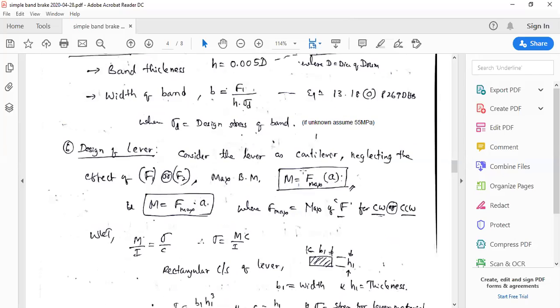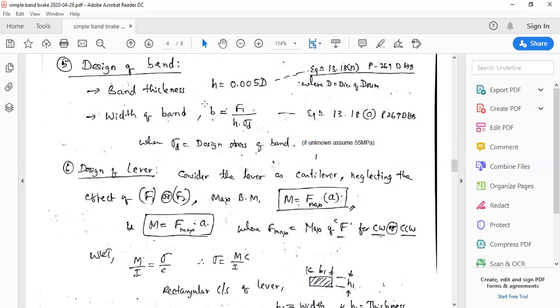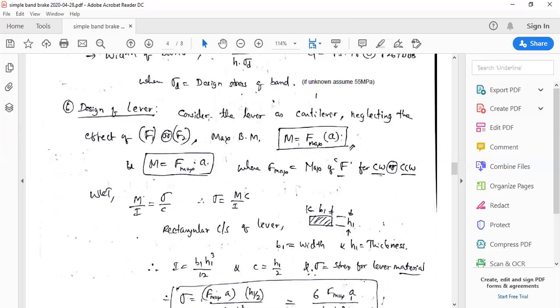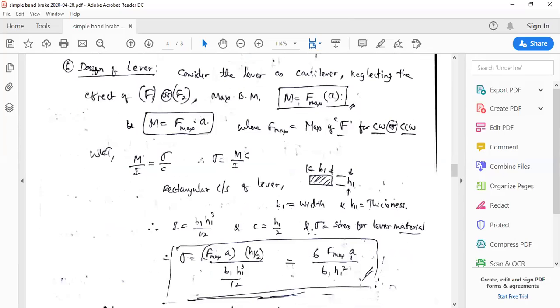After getting the value of the width B, these are the two parameters related to the band dimensions, thickness as well as width. If sigma D is not given, use the value 55 Newton per mm square. The next step is related to the design of the lever.